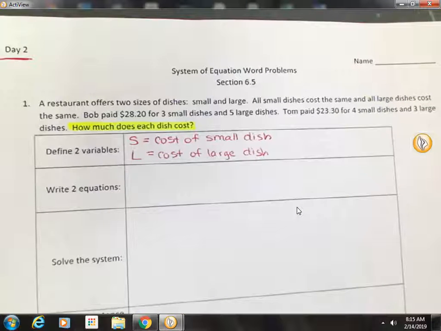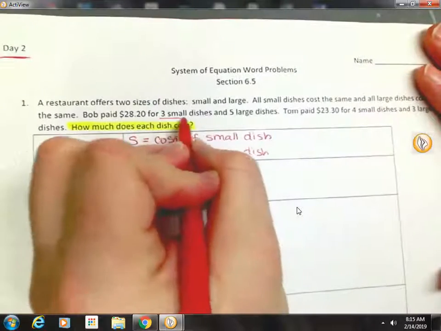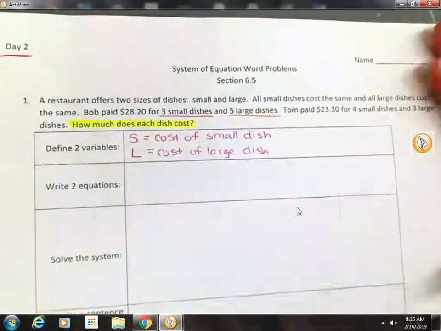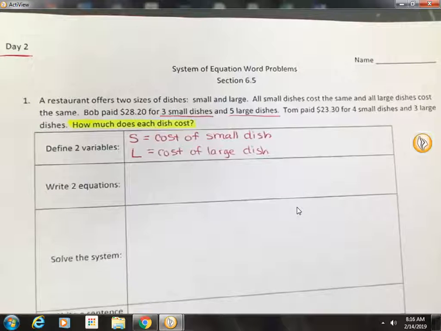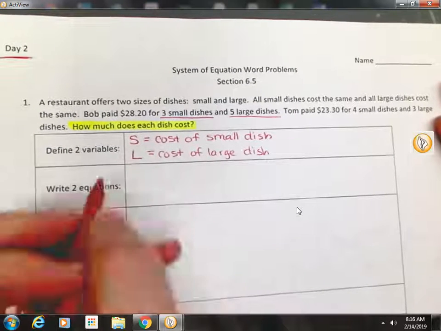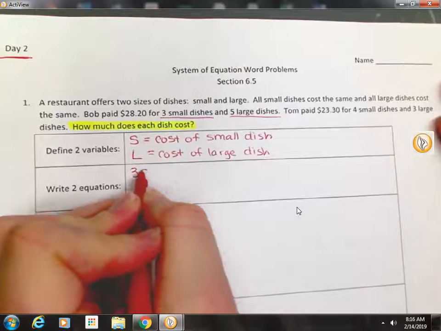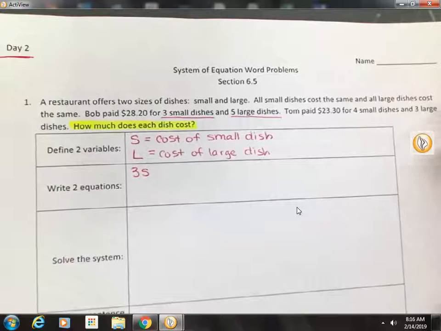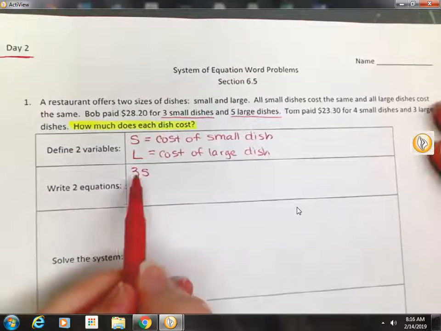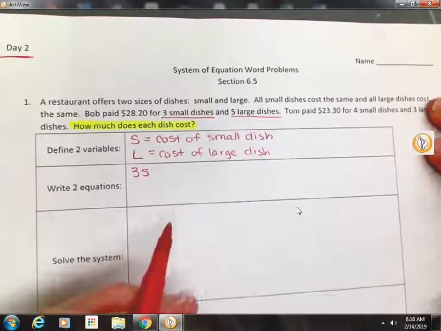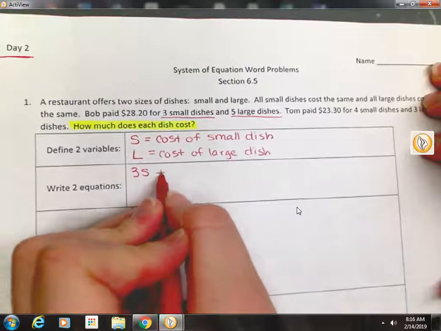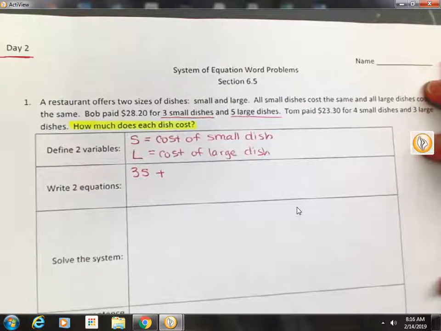So Bob and Tom went to this restaurant. They each bought some dishes. Bob bought 3 small dishes and 5 large dishes. So a small dish costs S dollars. So I would say 3S is how much he paid for all of his small dishes. 3 dishes times the price, S. Plus, he also purchased 5 large dishes.